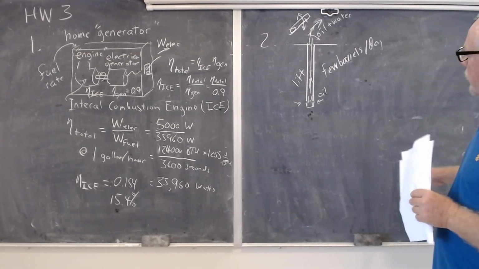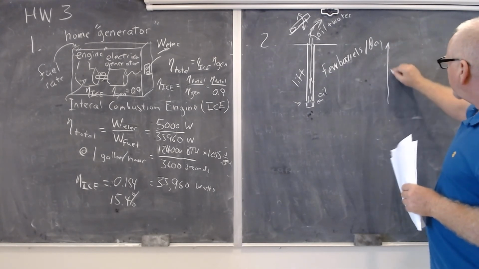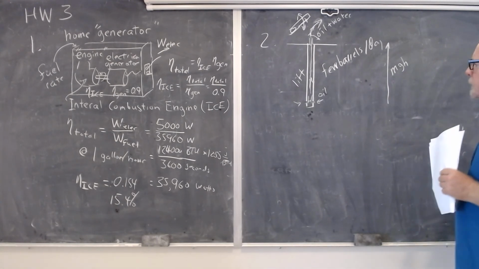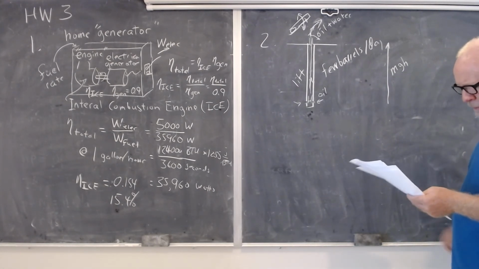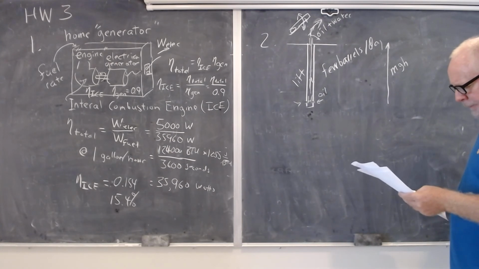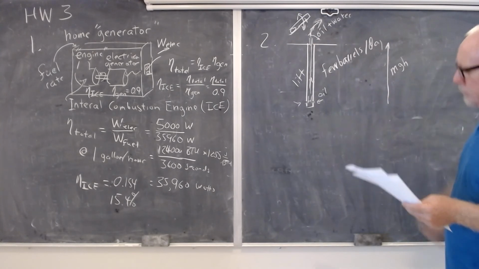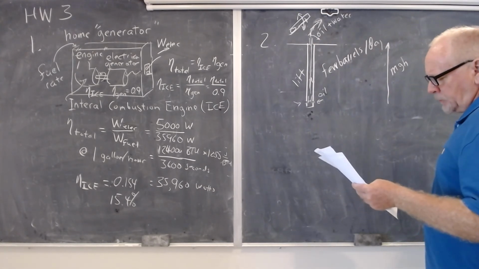But anyway, the problem was to determine whether this lifting energy is worth it. Now, I told you to assume that the efficiency of the pump here was 100%, which is not true, but this gives you an idea of things.